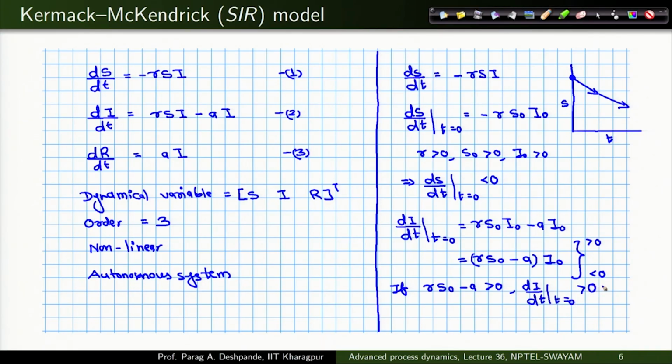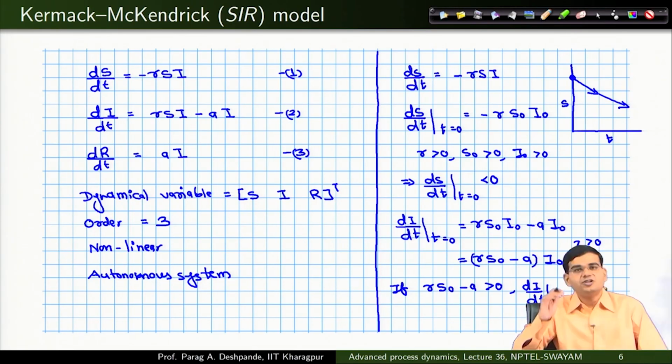And what is the meaning of this? The meaning of this is that if the condition r multiplied by S0 minus a is greater than 0 is satisfied during the initial stages of your pandemic, then you would expect an increase in the infected persons or infectives in the population with time. Okay.